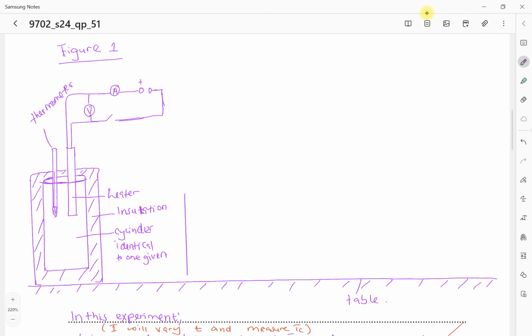It doesn't need to be very big. So I'm going to put the cylinder here.